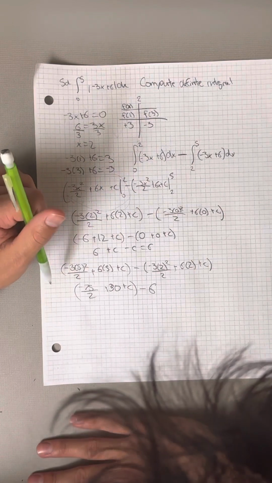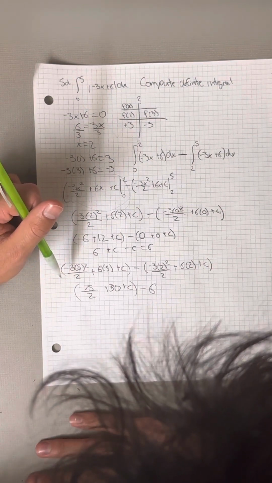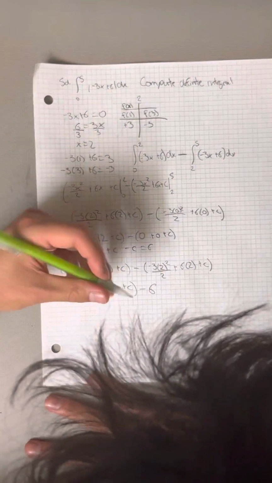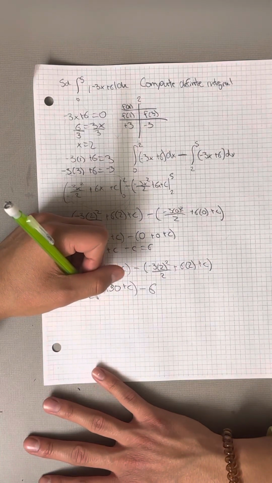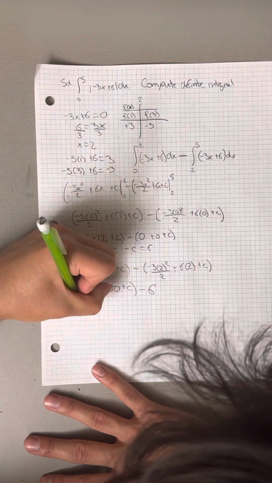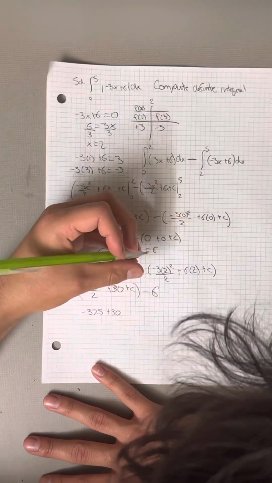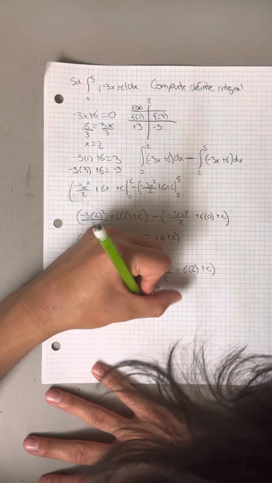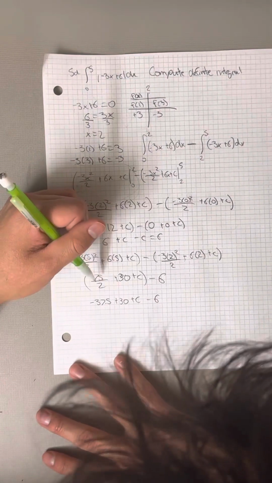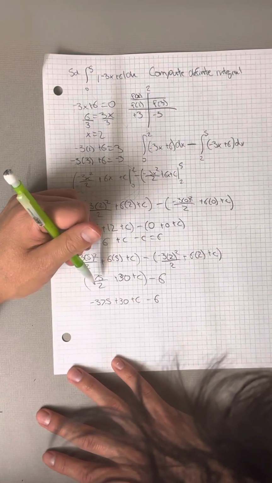Negative, oh man, I just blanked. Negative 75 divided by 2 is negative 37.5 plus 30 plus c minus 6. Is that right?